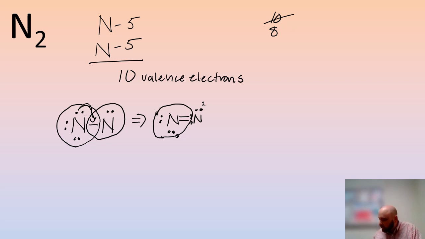This nitrogen, however, is still deficient. Even by adding the extra bond, he now only has 6 electrons, 4 in the bonding pairs and 2 that we see there in the non-bonding pair. So this is still not a good Lewis structure because it doesn't satisfy the octet rule for one of our nitrogens. So what we can do is we can actually play the trick again.